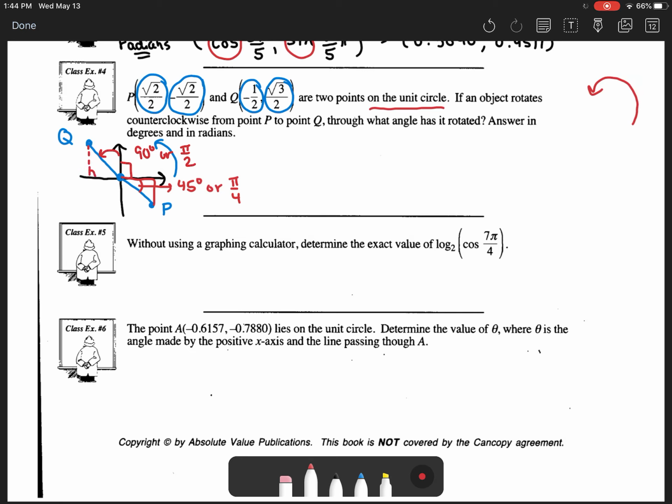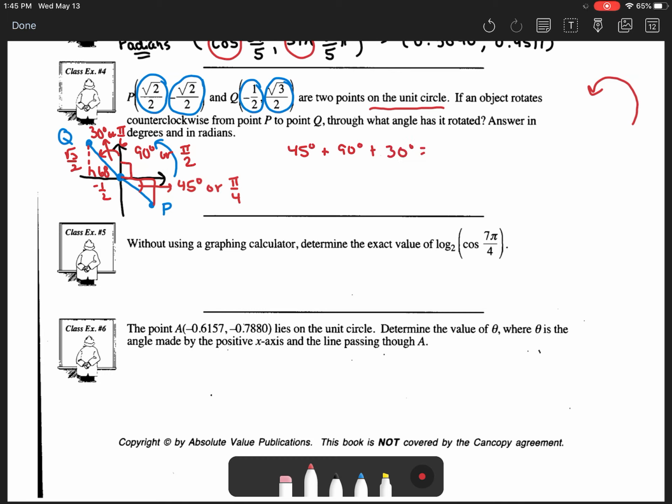Now, here's what I know. This Q comes from negative 1/2 and root 3 over 2, which means, like I said, that this here is 60 degrees. I don't want that 60 degrees. I want this here because this is the angle it rotated. So that's 30 degrees or in radians, pi over 6. So if I answer in degrees, it would be the 45 degrees plus the 90 degrees plus the 30 degrees.